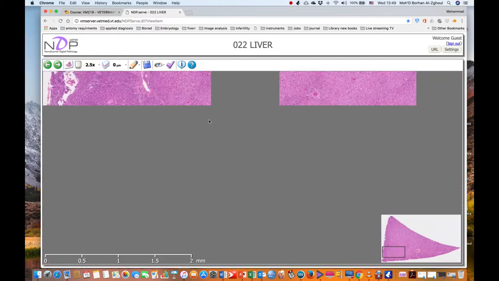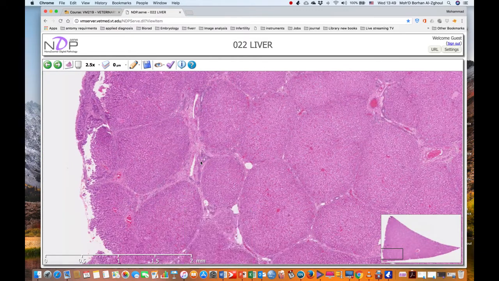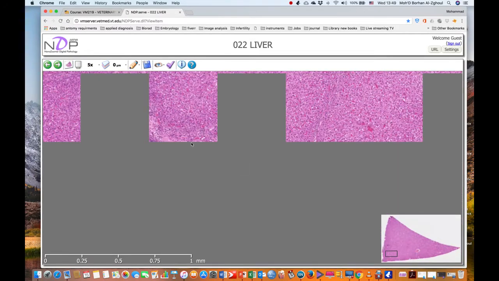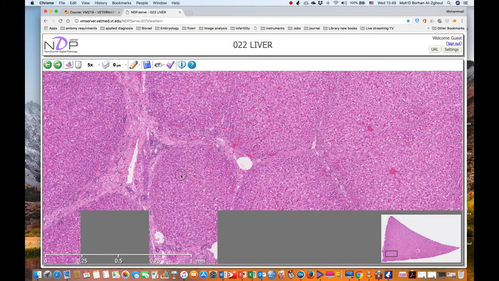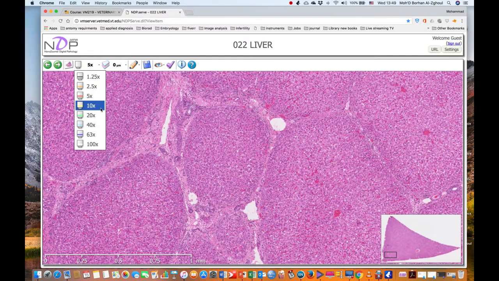Go back in magnification to see the area here. This area here, the portal area. See what we have inside. As I said, there will be a vein, an artery, and we have the bile duct.